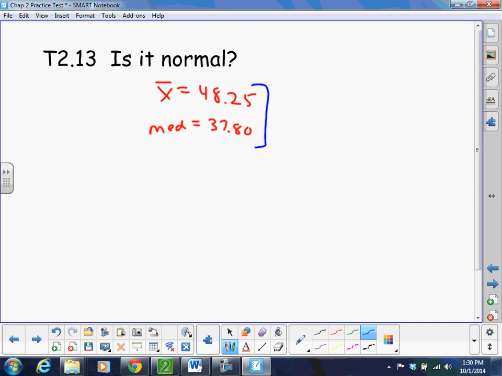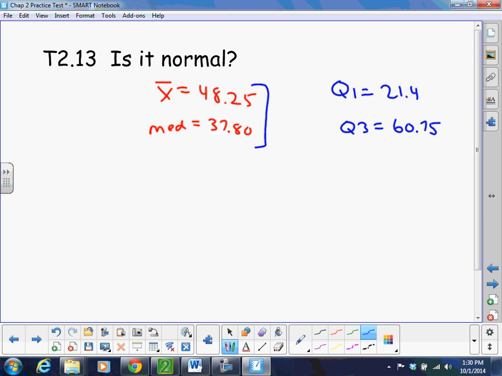So you could also look at the difference between the mean and Q3. Remember Q1 and Q3 were given, the quartiles. Q1 was 21.4 and Q3 was given as 60.75. And you can kind of see that the mean might not be centered. It looks like it's a little bit closer to Q3.